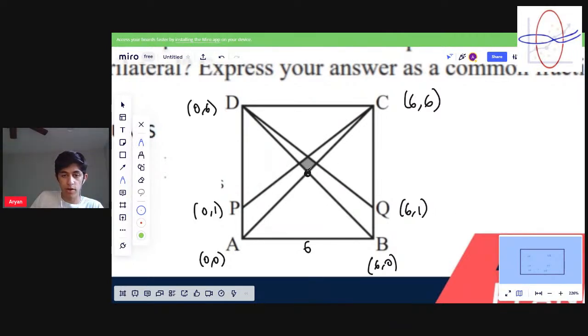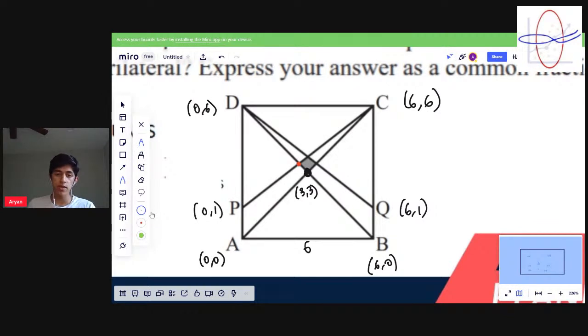Now, if we look at this point right here, this isn't too hard, because this is just the center of the square. It's the intersection of our two diagonals. So this would be half of AB and then half of AD. That's just 3, 3. That coordinate is not bad. Now let's mark this coordinate in red. How can we find that red coordinate?